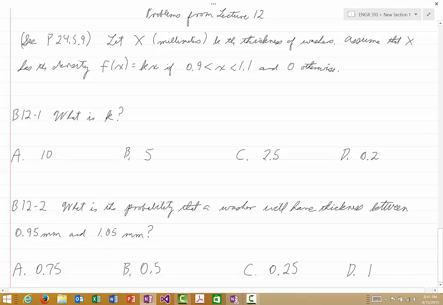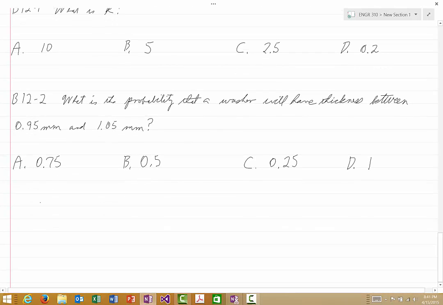But I want to show you how to solve 12-2 without first finding K. And this is a useful thing to know, and again, as I said, it is something that could have been used in the quiz 12.